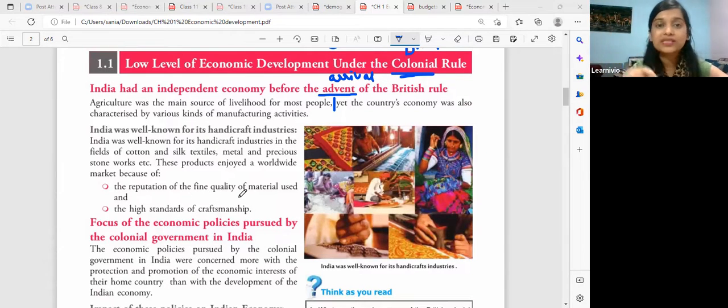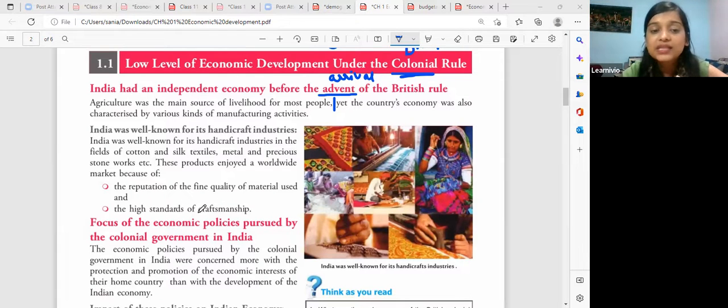For example, I'm making a cloth and I'm using a fine quality of material over that. So of course my reputation will be high. People will be praising that India's handicraft are very good because the quality of product they use are very good. So what was the reason why India's handicraft industries enjoyed worldwide fame? First, reputation of fine quality of material.